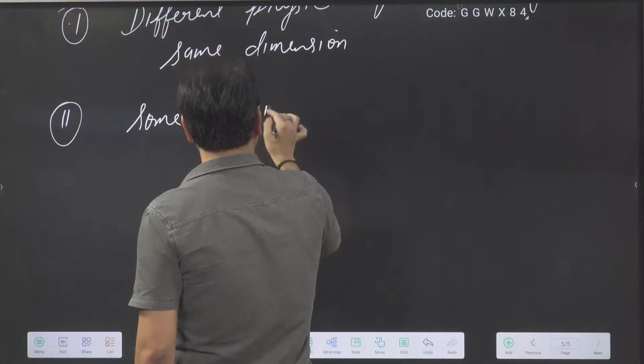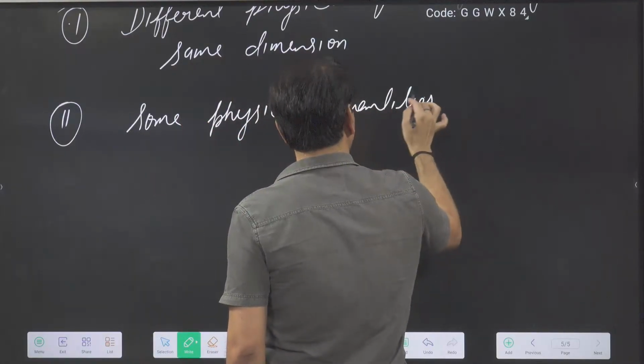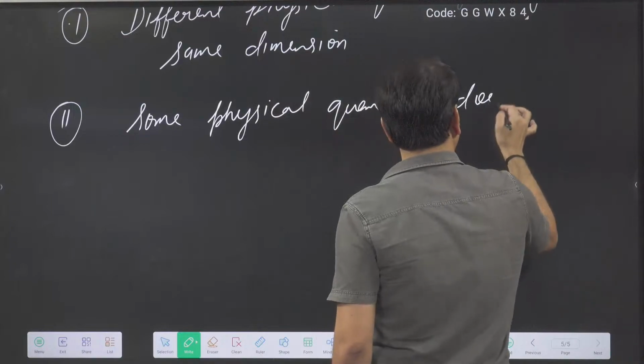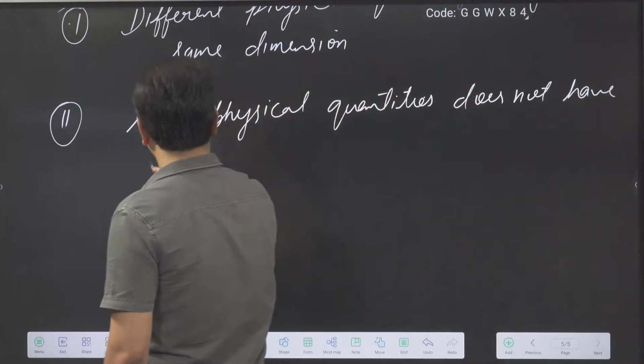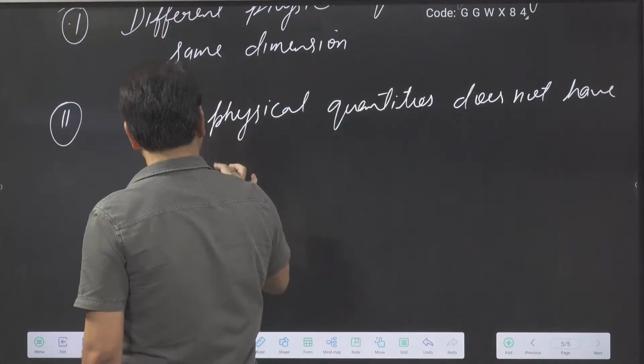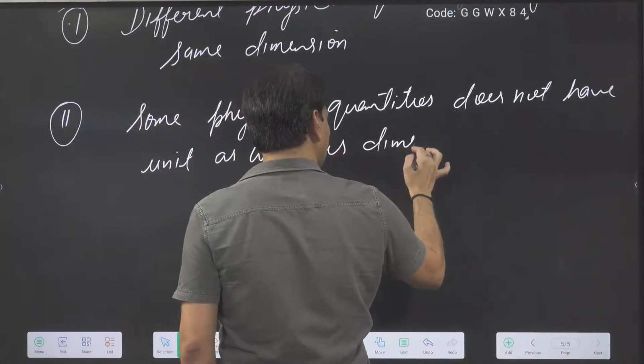So some physical quantities do not have unit as well as dimension.